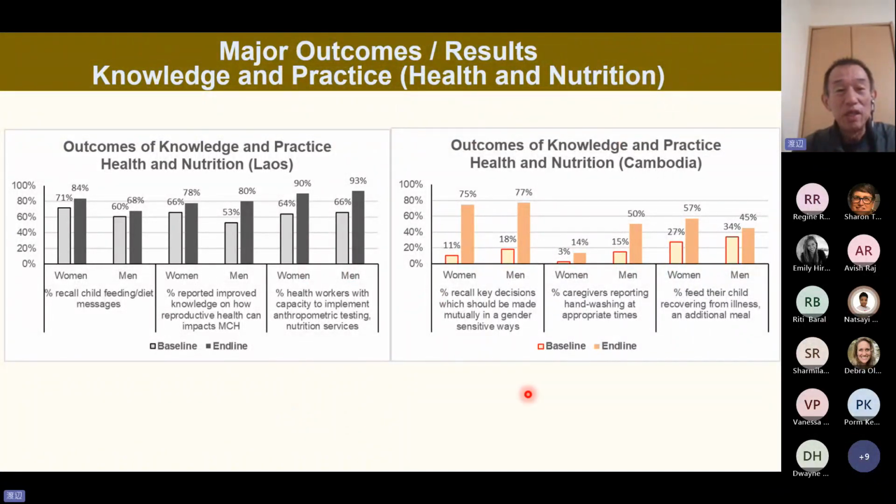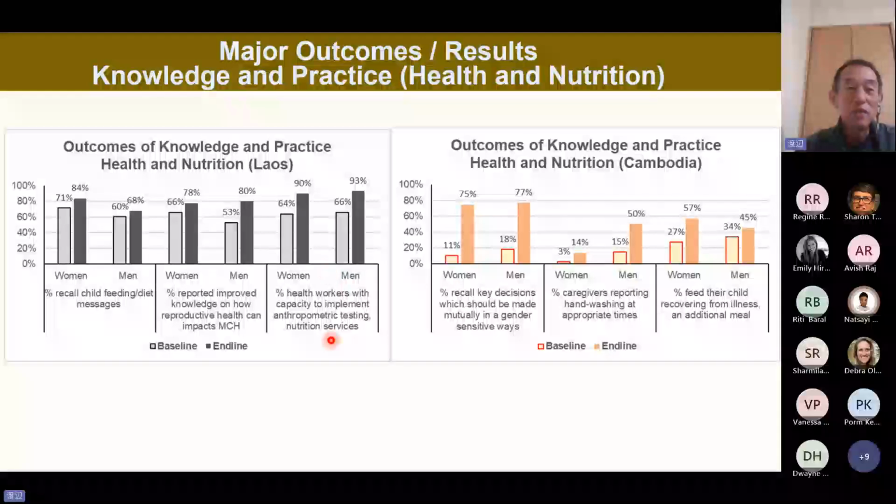You can see this is the baseline, and the black one is the end line. This is Laos, and this is Cambodia. In both countries, you can see clearly the improvement of knowledge and practice related to health and nutrition, feeding practices, and prevention and treatment of diseases.